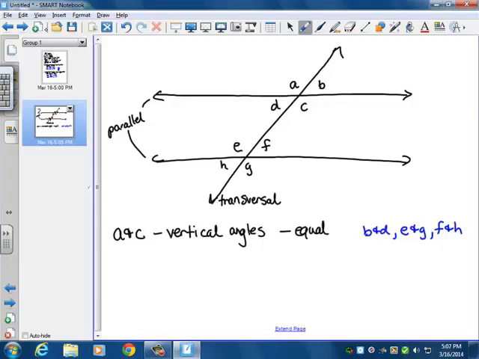Well, we already talked about supplementary, so I'm not going to write that one down, but maybe I will, to be consistent. A and B are supplementary. And remember what we said, what's true about supplementary is that they add up to 180.